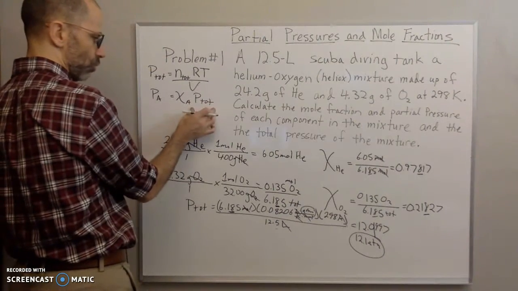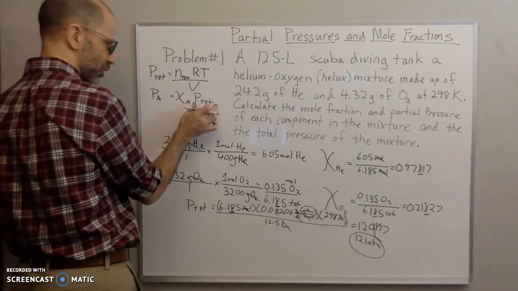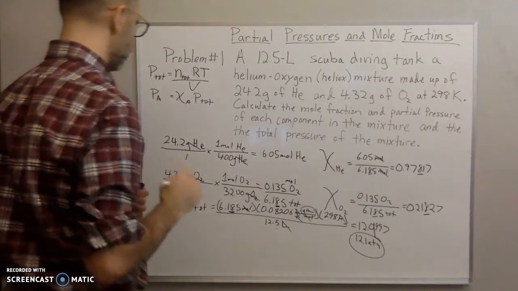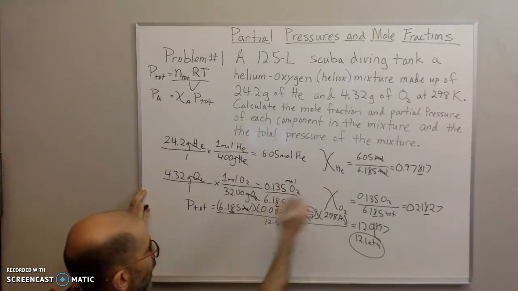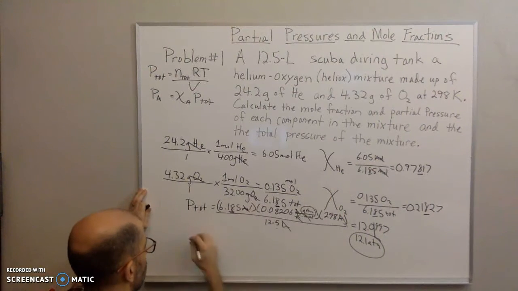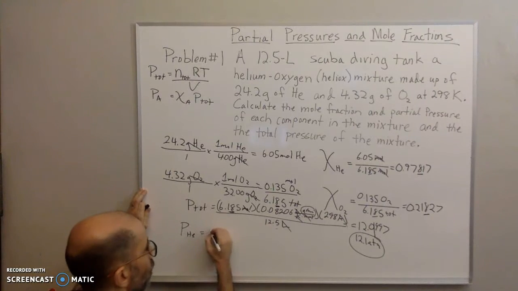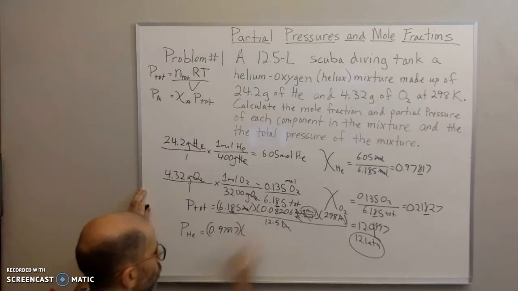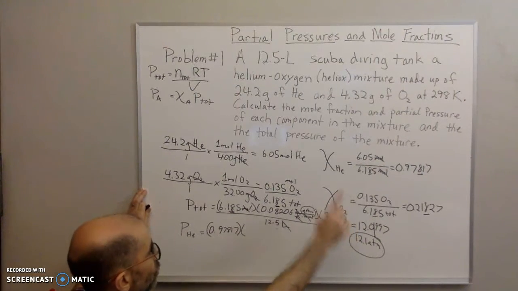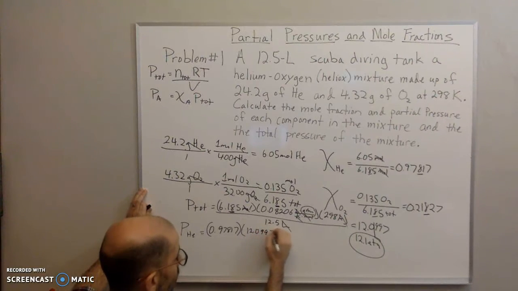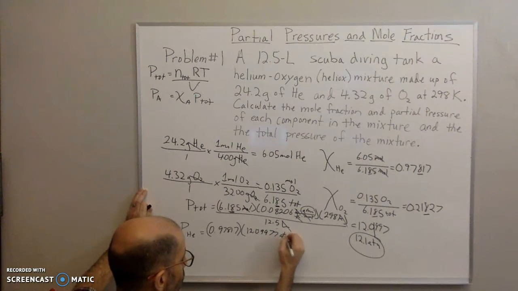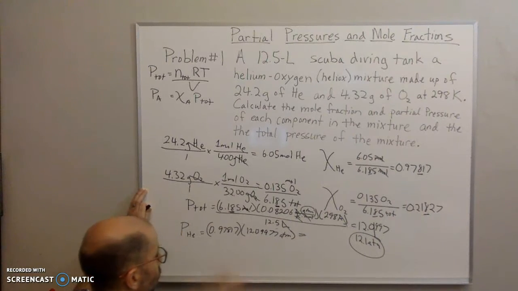So I have the total pressure, and I know the mole fraction. So the partial pressure of helium is going to be the mole fraction, 0.97817, multiplied by the total pressure, 12.09977 atmospheres.